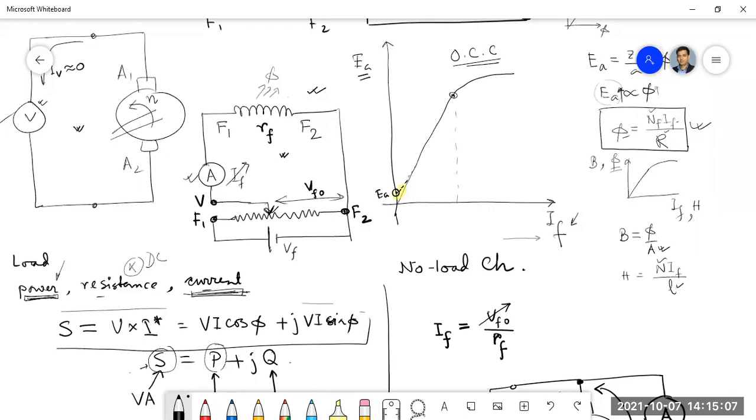In the separately excited case, a different voltage is used. Voltage divider is used to excite the field.